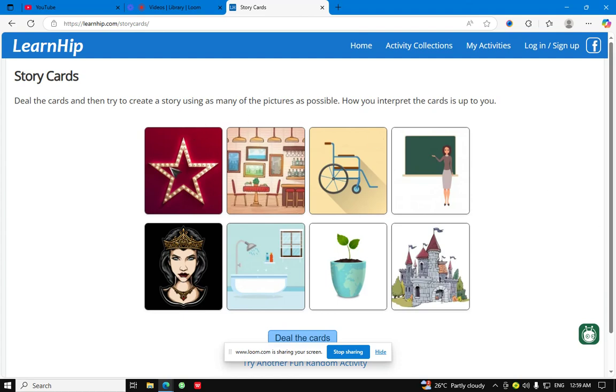So the first one is a star. I think this is not just a simple star, it's a kind of a lighting or a series of light in a form of a star.